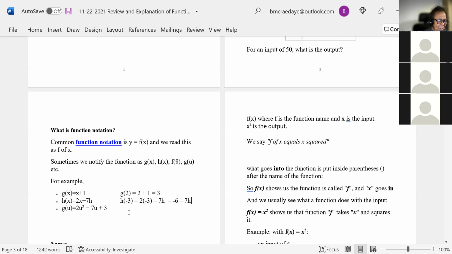Yeah, you can make anything you want. These are examples. I can say h of minus 3, I can say h of plus 3, h of 0. And wherever you see the x, I put the 0. So 2 times 0 is 0, 0 minus 7h. The answer would be minus 7h.